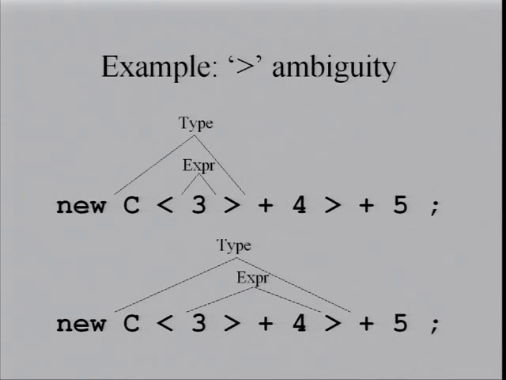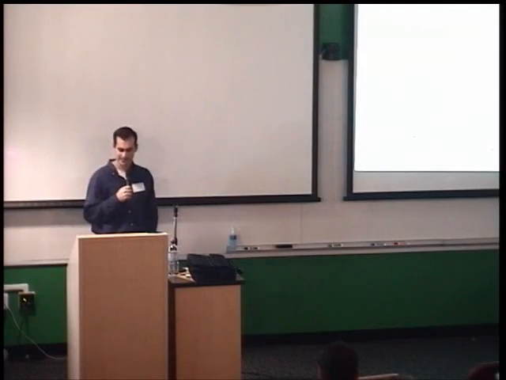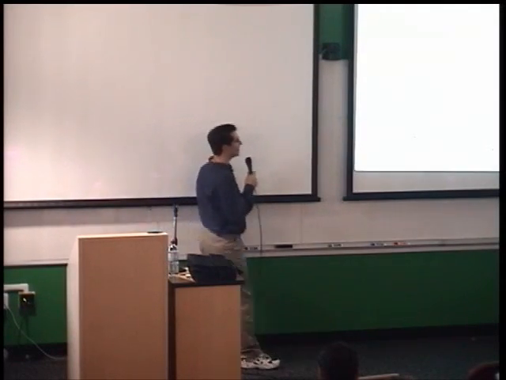It could either end the type argument to a template, or it could simply be a greater than, and since plus conveniently can be either unary or binary, we can actually come up with two completely coherent parses of this thing.